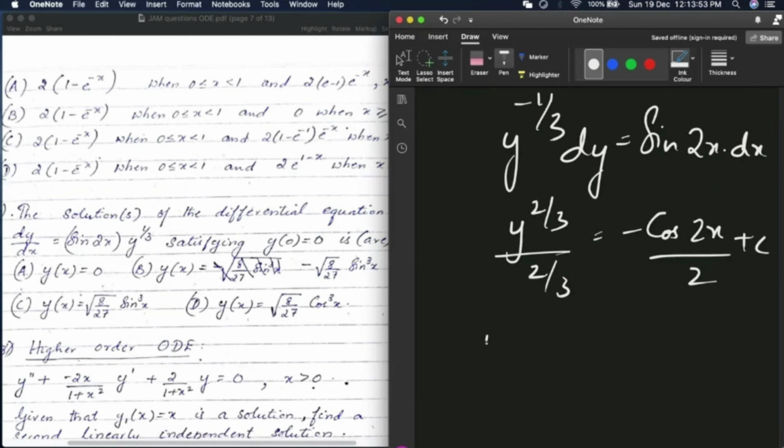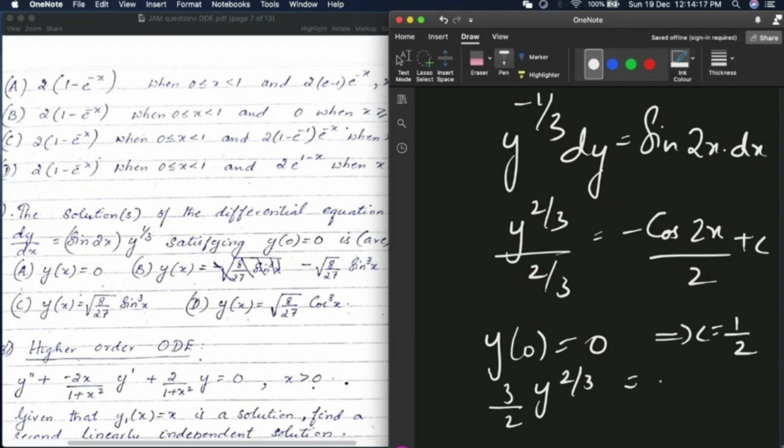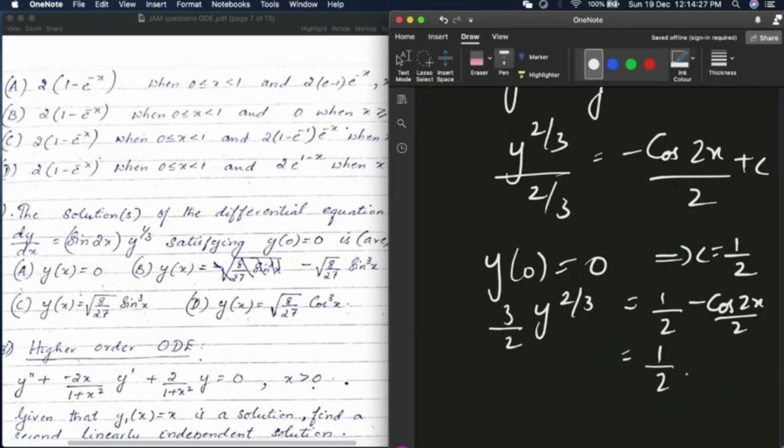You're given a condition y of 0 is equal to 0. So it is y raised to 2 by 3 into 3 by 2 is equal to, so you get here 0 is equal to minus half plus c, so c is equal to half. One minus cos 2x you get here. 1 minus cos 2x by 2 is sine square.